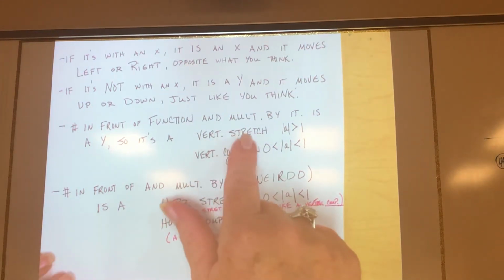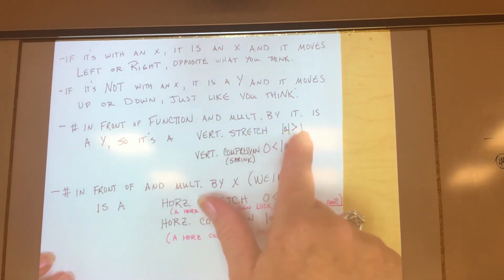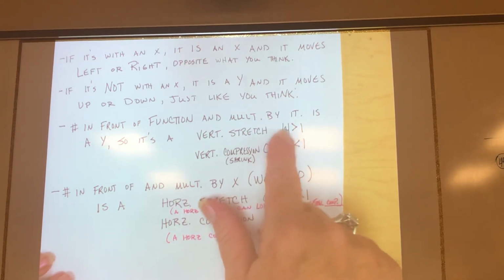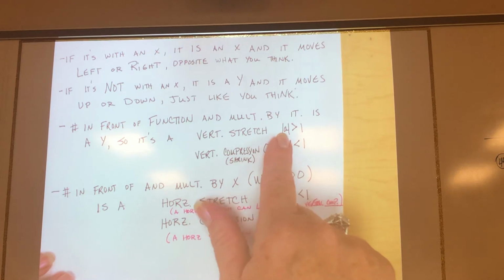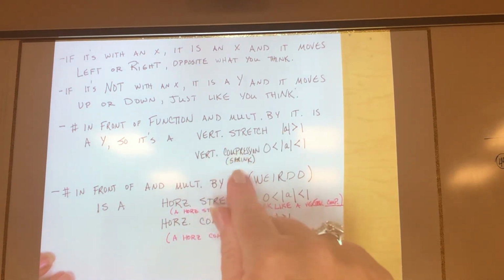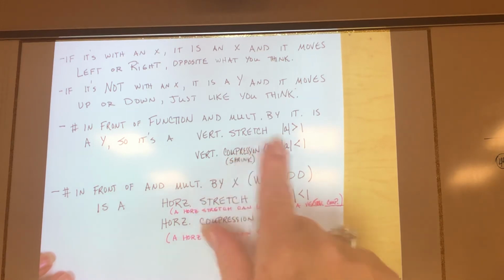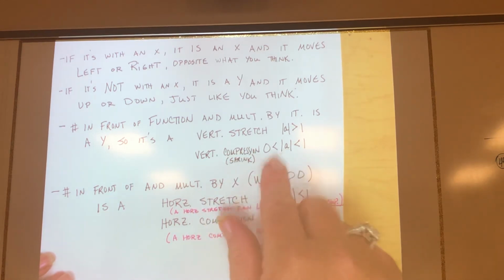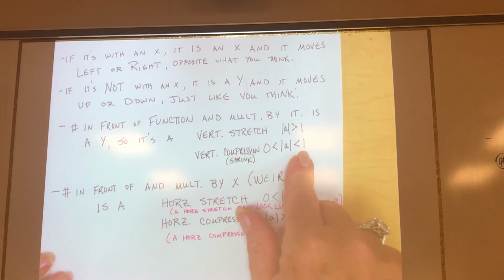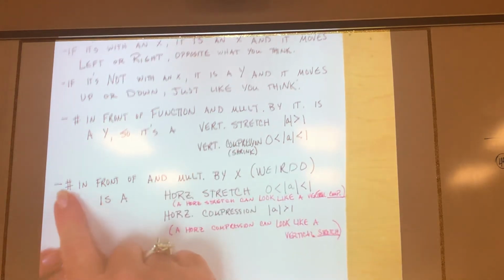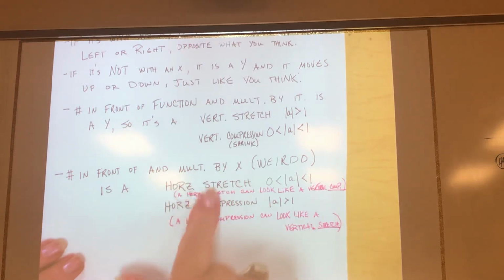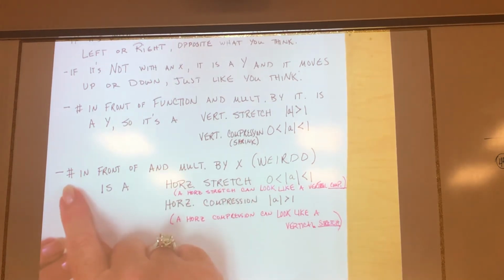So it's a vertical stretch if the absolute value of that number is greater than 1. It's a vertical compression, we used to call them shrinks, but now you see the word compression more in our math books, if the absolute value of that number is between 0 and 1. In other words, those little fractions, little decimals. We're not really going to talk about this until after this test in the next section.